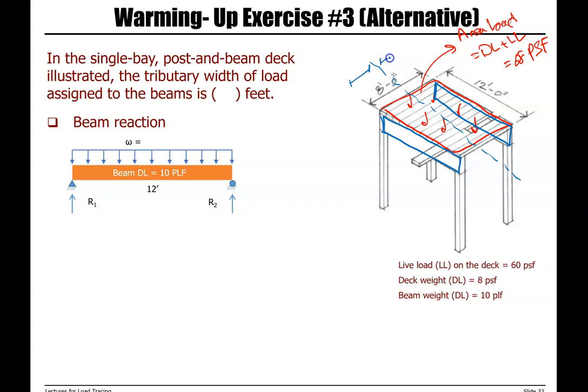So we can look at tributary width of beams. Now, if we look at one beam and do FBD of the beam, tributary width of our beam is 4 feet.